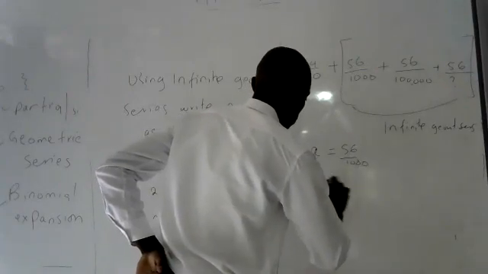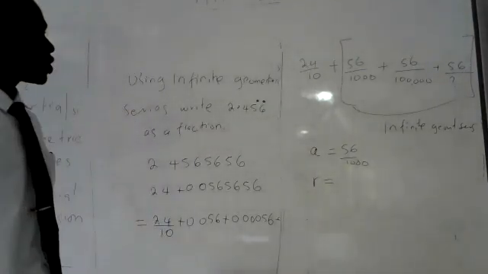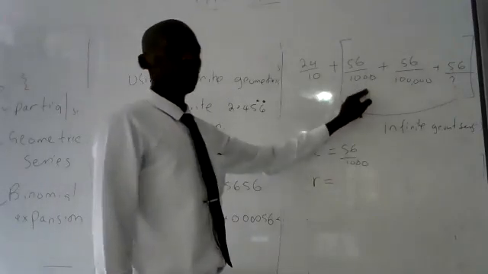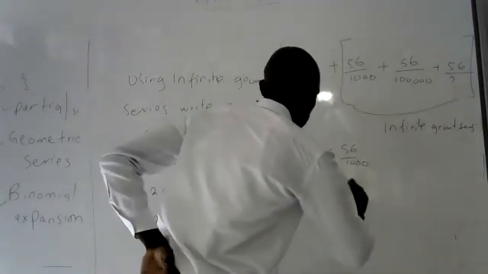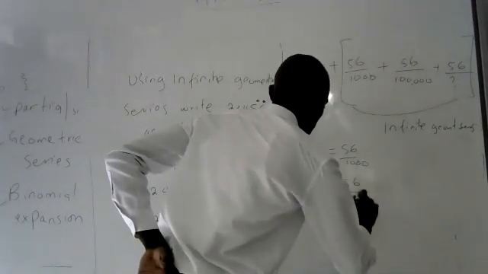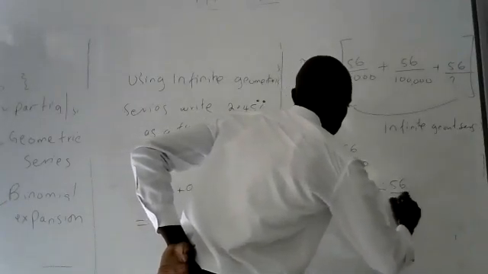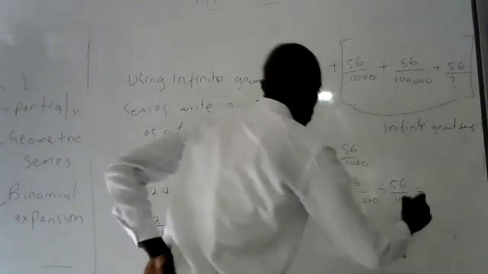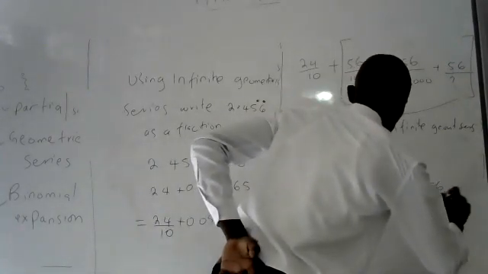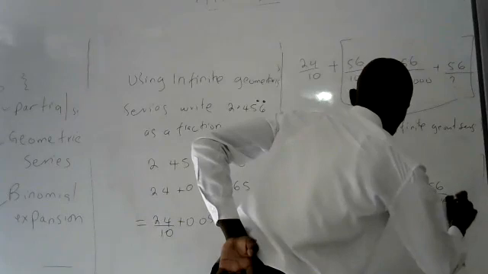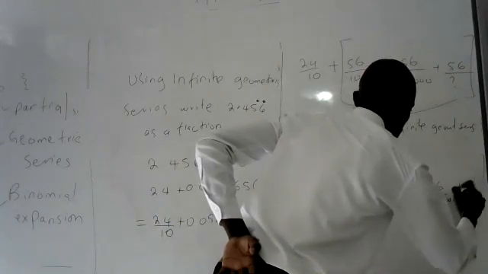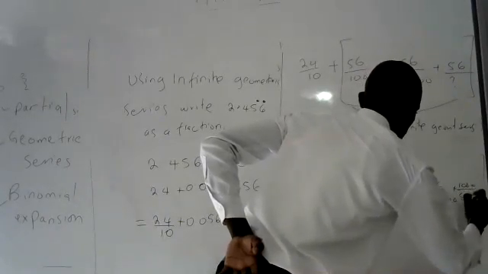I need to find the common ratio. What's the common ratio? Well, just these two terms is enough for me. I just compute 56 divided by 100,000, all this I'm dividing by 56 divided by 1,000. And this should be 56 divided by 100,000 times 1,000 divided by 56.